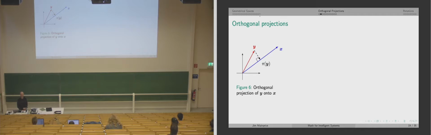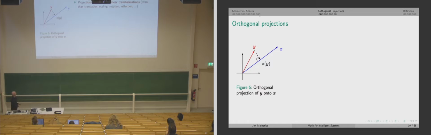I think the key aspect here is that when we do these kinds of projections, this is the closest point to this one, because we're going in a straight line onto the blue line. So orthogonal projections have the key property of projecting a point in the closest way to the line. That's the idea. That's the intuition.